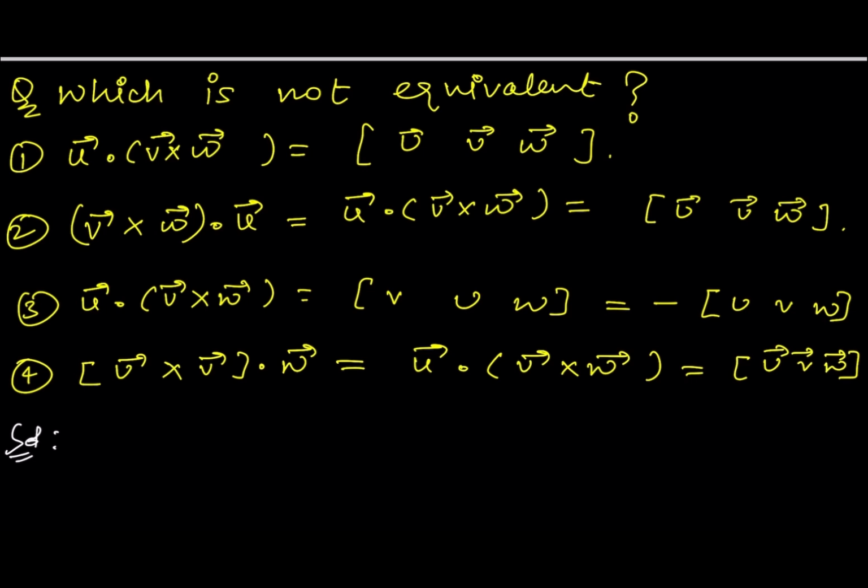So again the order is not disturbed, so option 2 is written correctly, but according to the question it is not the correct option. Now see option 3: U dot V cross W in box form should be UVW, but it is written VUW, which is not correct. So option 3 is correct, because the question asks which is not equivalent. So option 3 is the answer.